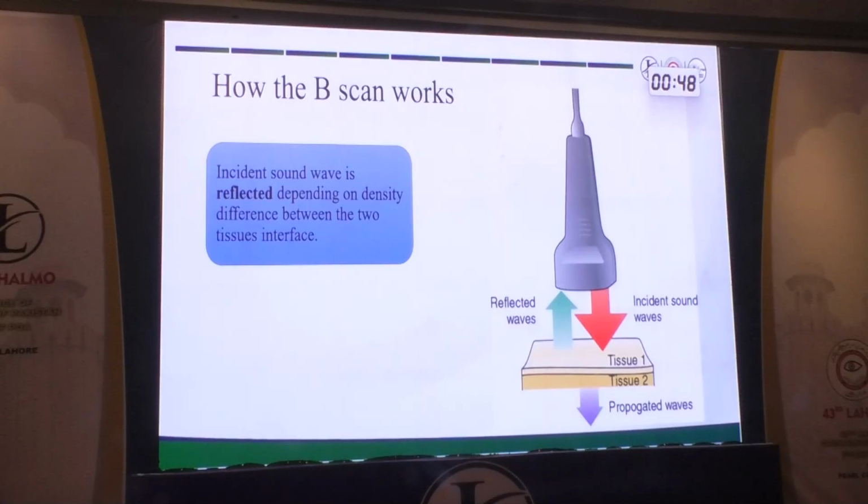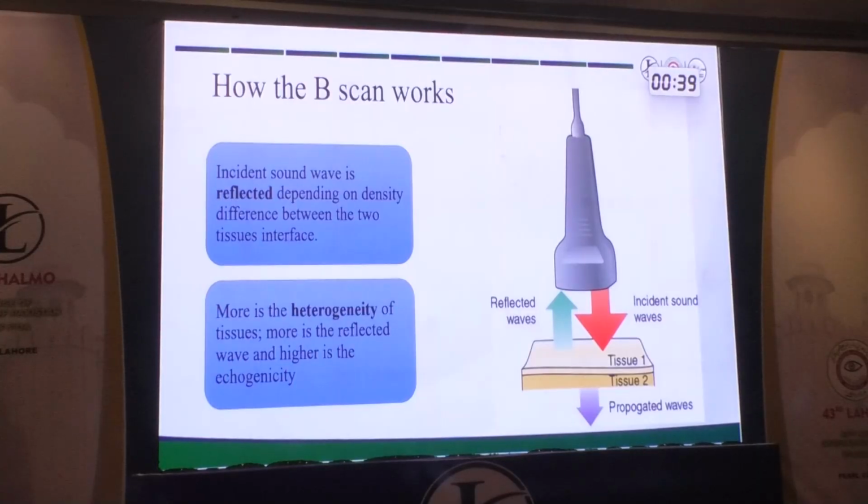And then there is a propagated wave. Some waves are reflected and some waves pass through the tissues. The more the heterogeneity of the tissue, the more the reflected wave, and the higher the echogenicity. And this is true for orbital tissue. They are more heterogeneous.